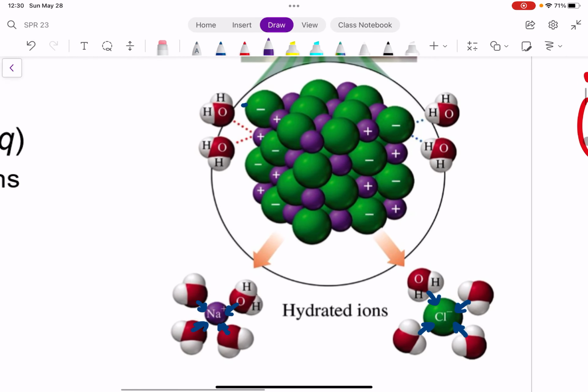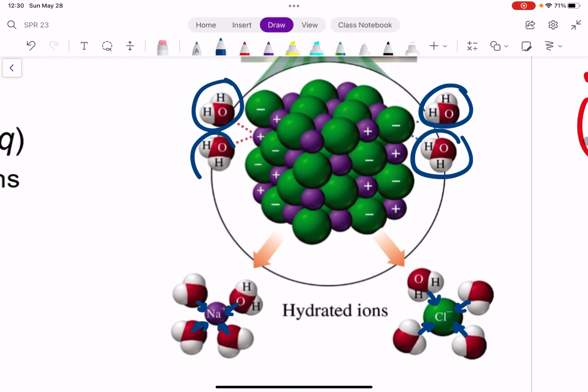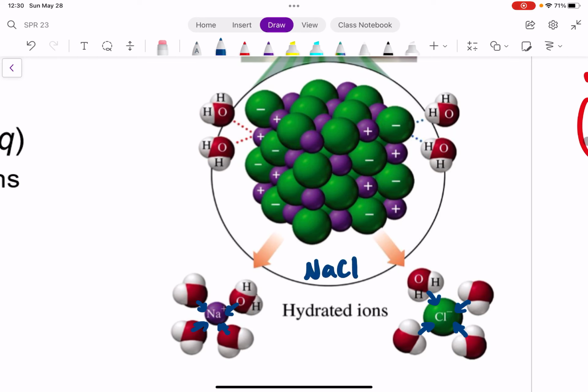So remember, here's our water molecules, right? And we're putting this NaCl, this sodium chloride crystal, it's a solid, right, into our water, and it's dissolving. Why is it dissolving?